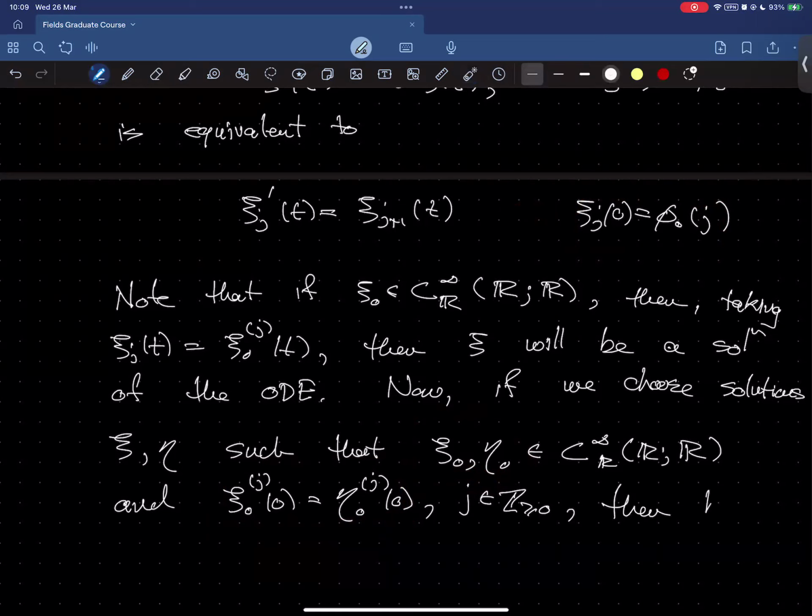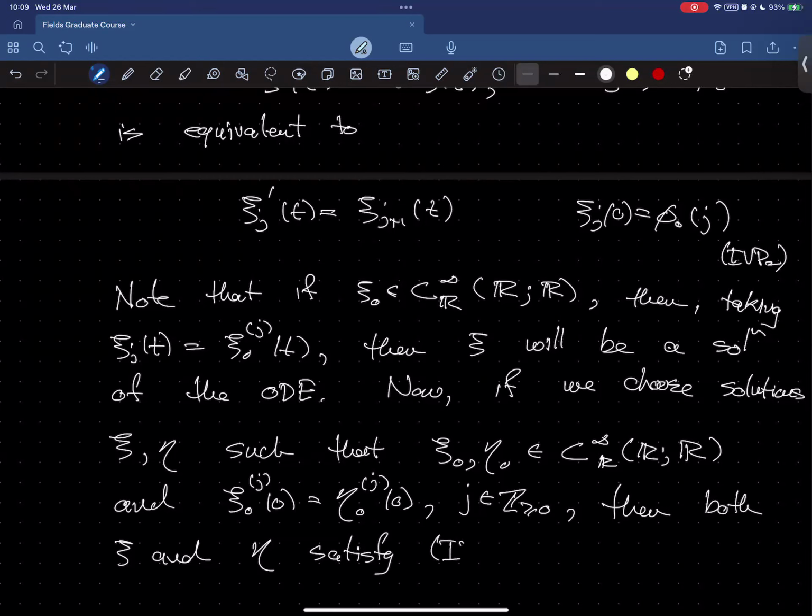Then both C and eta satisfy, and let's call this IVP2. But they may not be the same.